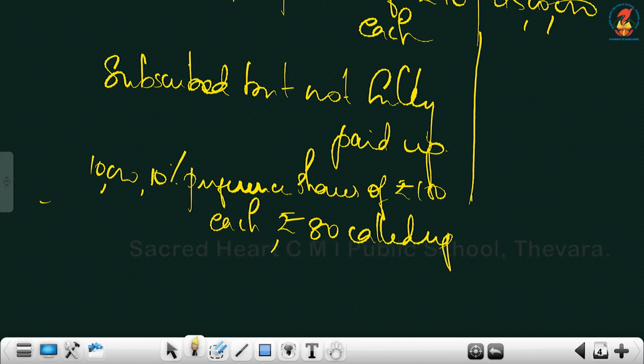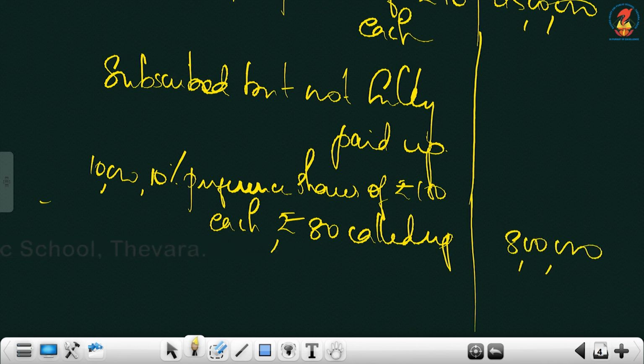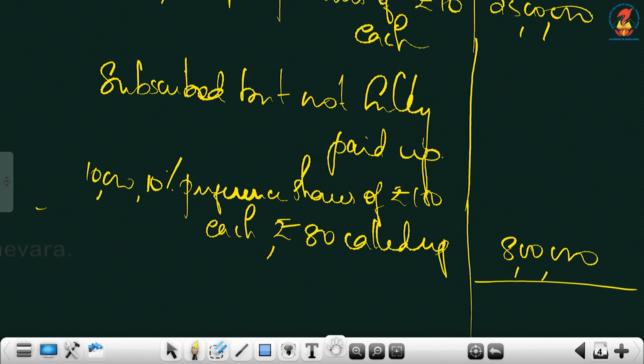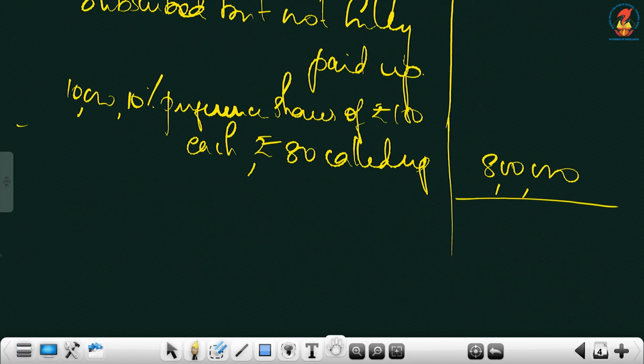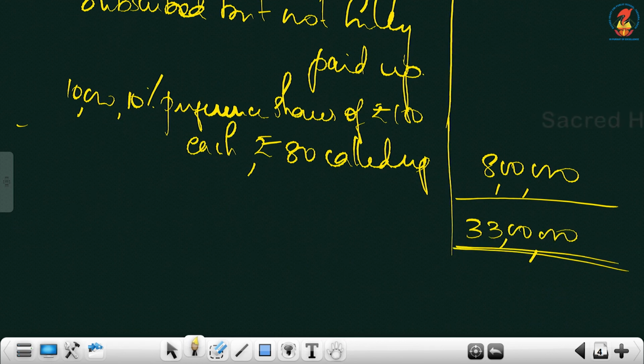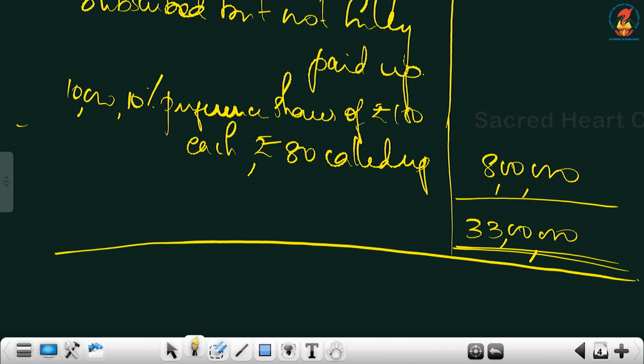So how will you write the amount now? 10,000 into, don't do 100 because we called up only rupees 80. So 10,000 into 80, so that is rupees 8 lakhs. Now we can add the subscribed capital, that is 33 lakhs. Subscribed, not fully paid up and fully paid up category together it is 33 lakhs.